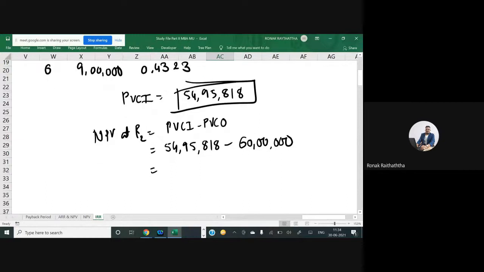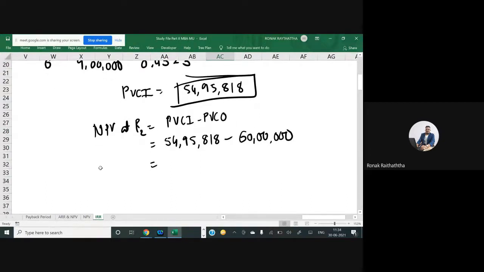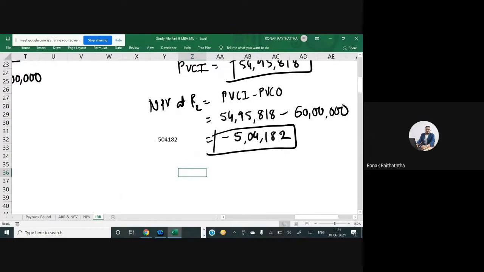So equal to minus 5,04,182. Now to use this interpolation formula, I told you that one rule shall be satisfied.